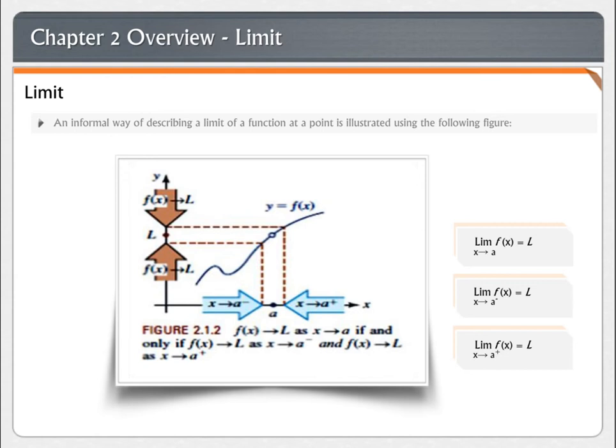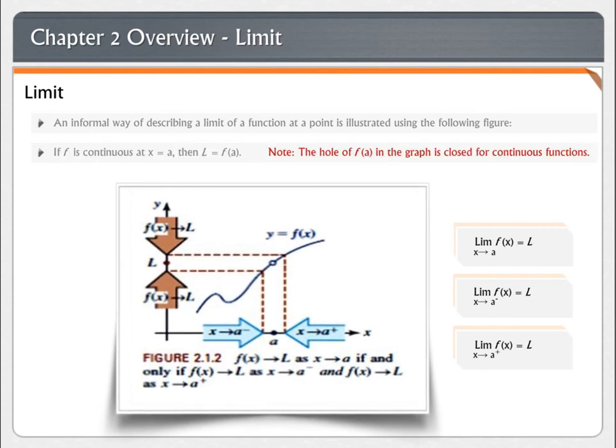Then we could say that the one-sided limit from the right, the limit when x goes to A from the right for f of x, is equal to L. Now, if the limit from the left and the limit from the right are equal to the same value L, then we could say that the limit exists and it's equal to the value L. So the limit when x approaches A for f of x is equal to L.